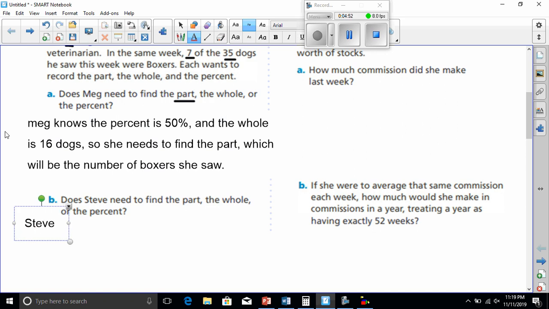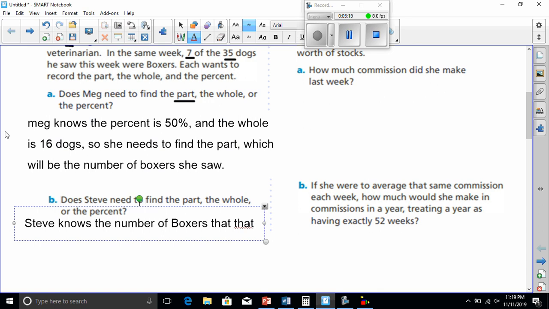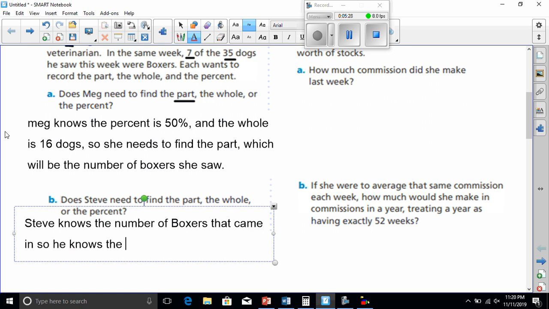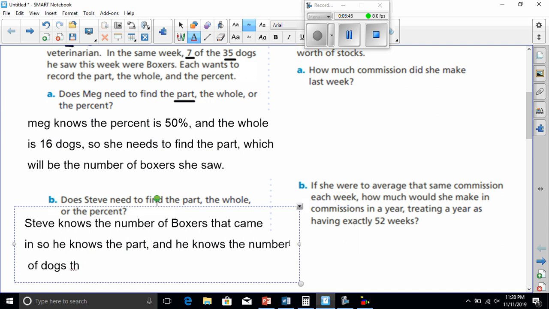Steve knows the number of boxers that came in, so he knows the part, and he knows the number of dogs that came in, so he knows the whole.